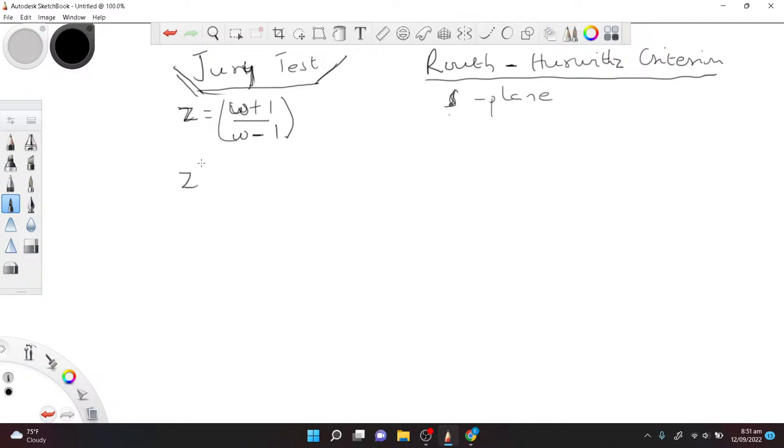So if you have Z squared, let me use squared because I don't want to stress myself, plus 2Z plus 0.5 equals 0, this is your characteristic equation. If you want to use Routh-Hurwitz, you have to use this transformation. So this becomes (W plus 1) squared plus 2 times (omega plus 1) over (omega minus 1) plus 0.5.